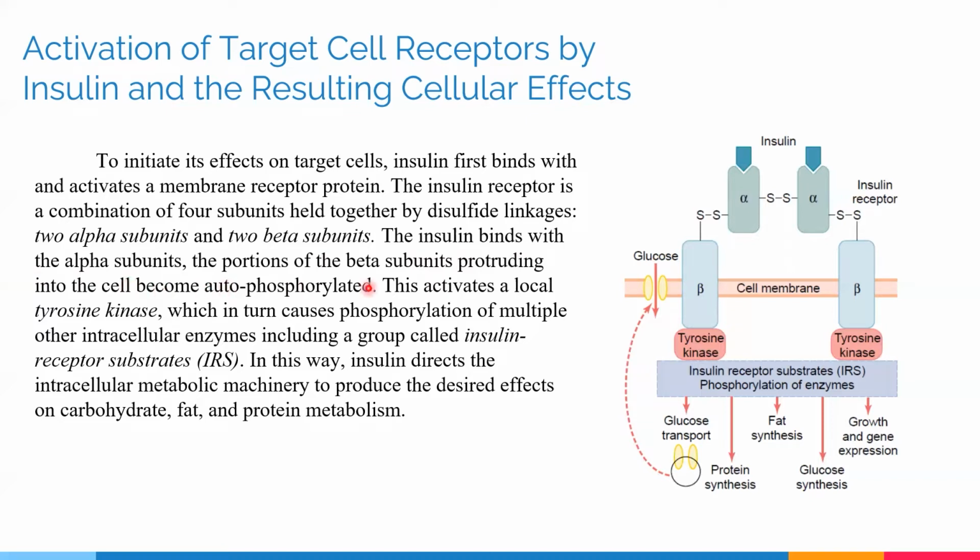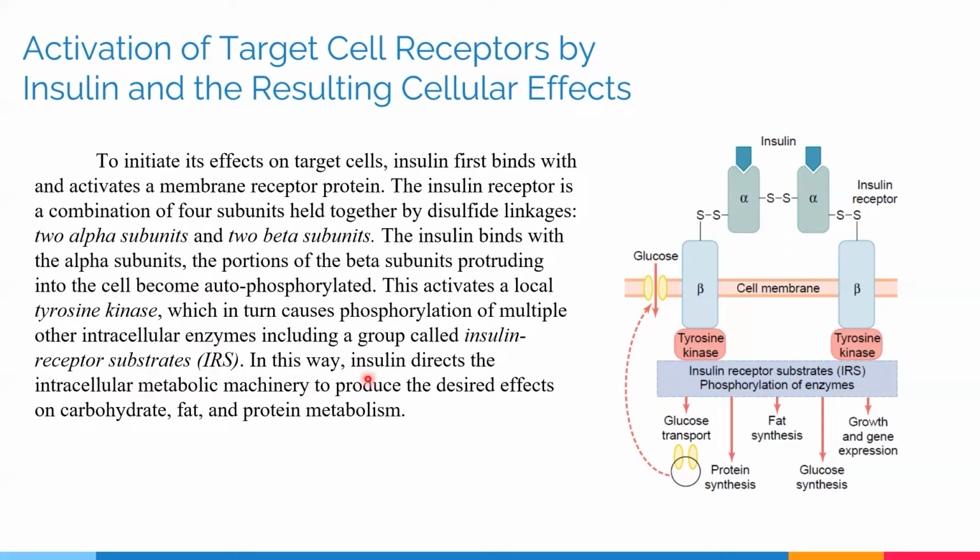The portion of the beta subunits protruding into the cell become autophosphorylated. This activates a local tyrosine kinase, which in turn causes phosphorylation of multiple other intracellular enzymes, including a group called insulin receptor substrates or IRS.